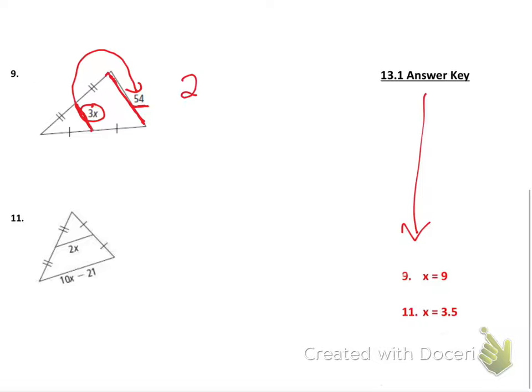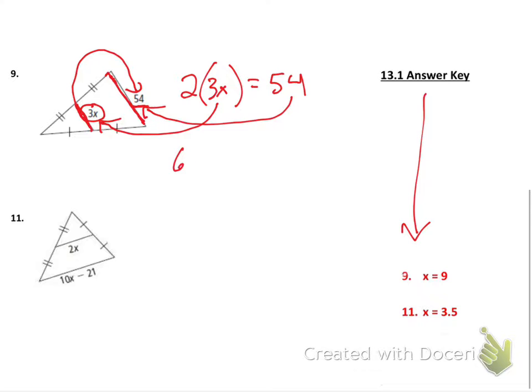So I would do 2 times the 3x is equal to 54. And again, the 3x comes from right here. I'm multiplying it by 2 to double it. 54 is right there. So then I would have 6x is equal to 54. And when I divide that, I get x is equal to 9.